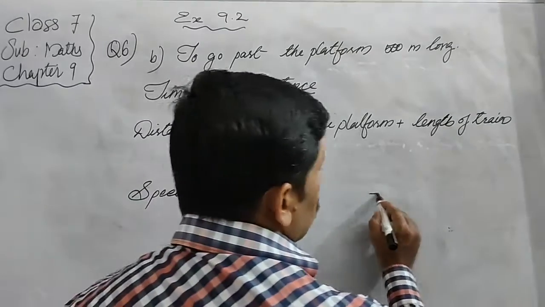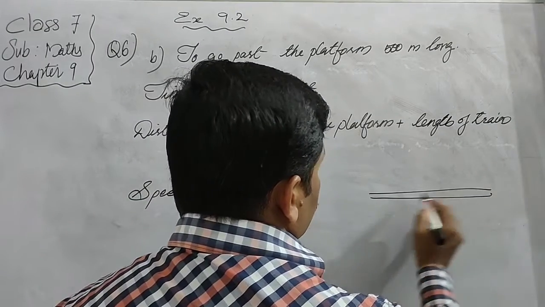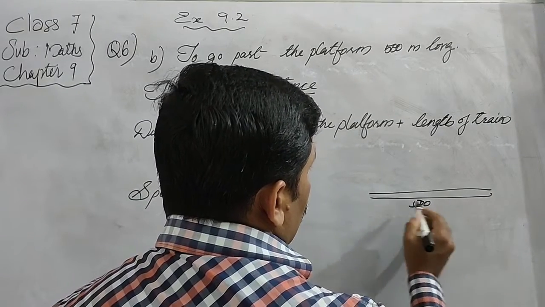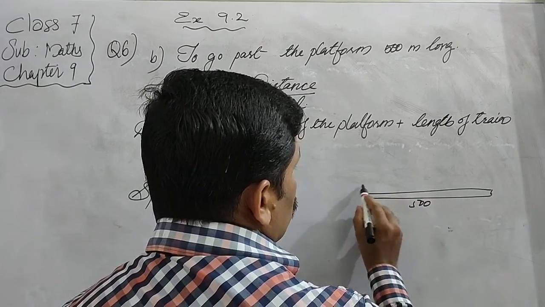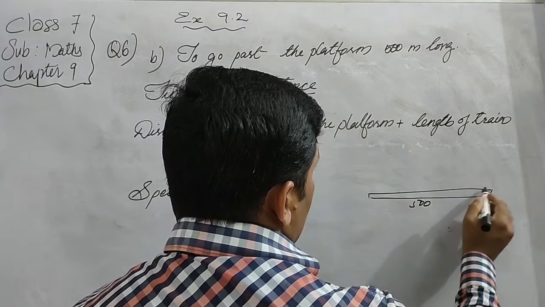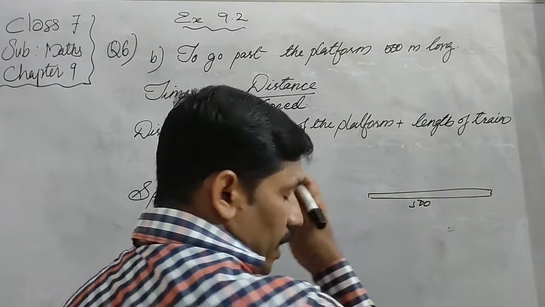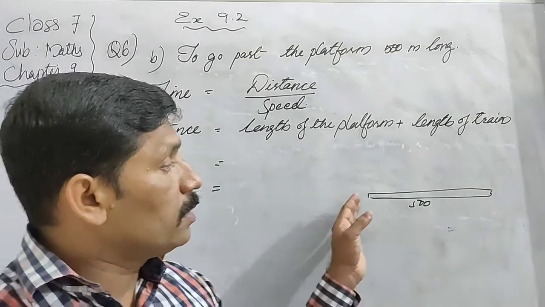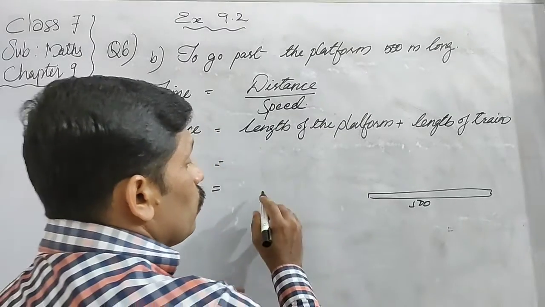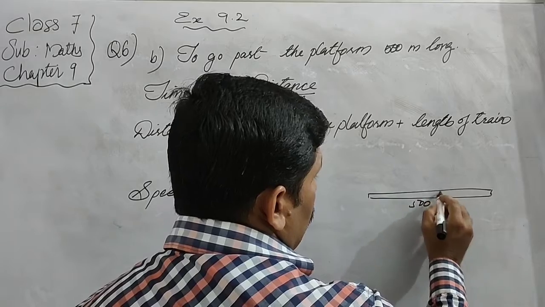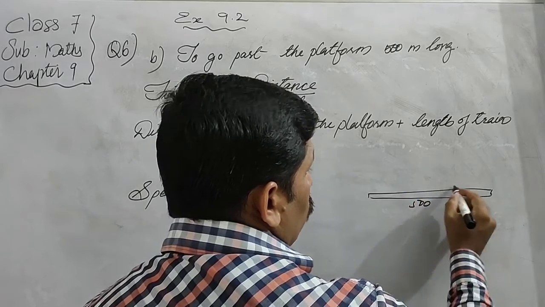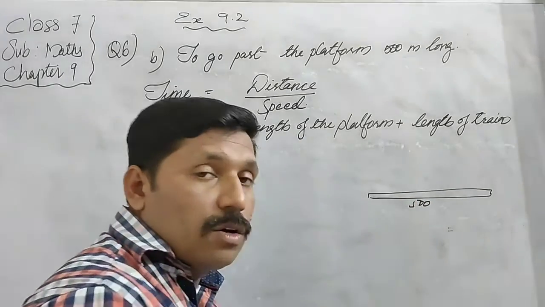Suppose students, if this is the platform and that is 500 meters, in order to cross that platform, this train has to travel 500 meters and also the length of the train. Both it has to travel. The length of the train should be crossed, and also the platform length should be crossed.